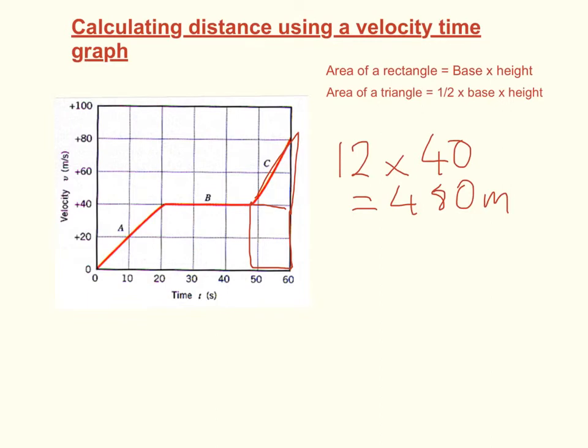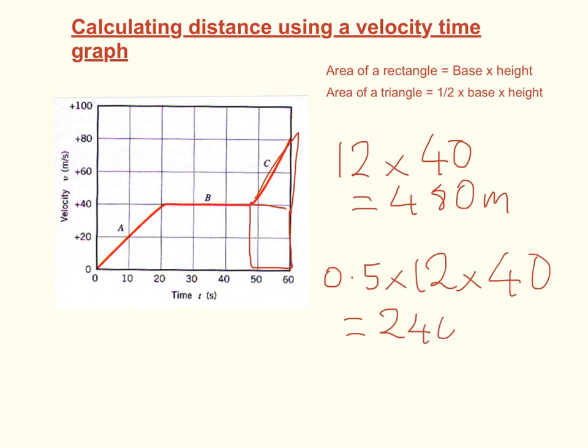So that is 1/2, so 0.5, times by the 12, which is the base, multiplied by the height, which is, looking at this, 40. If I do that little piece of maths as well, I can see that the answer to that section is 240 metres.